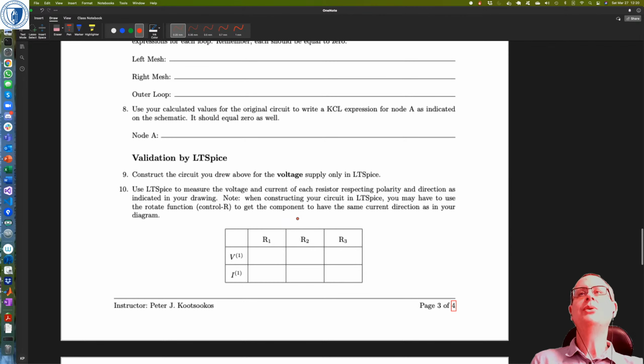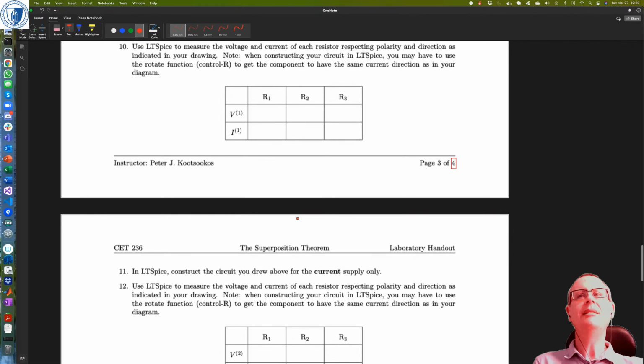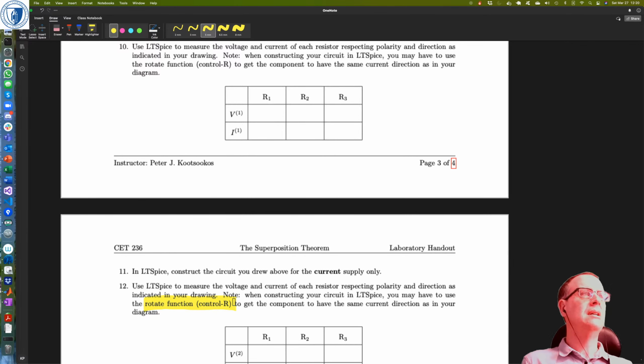And then the aim is to do the same thing again, but now using LT Spice, and just make sure that you try and get your devices with the right current flow by using the control R to rotate the device so that the direction of current flow on your circuit diagram matches what LT Spice is doing.